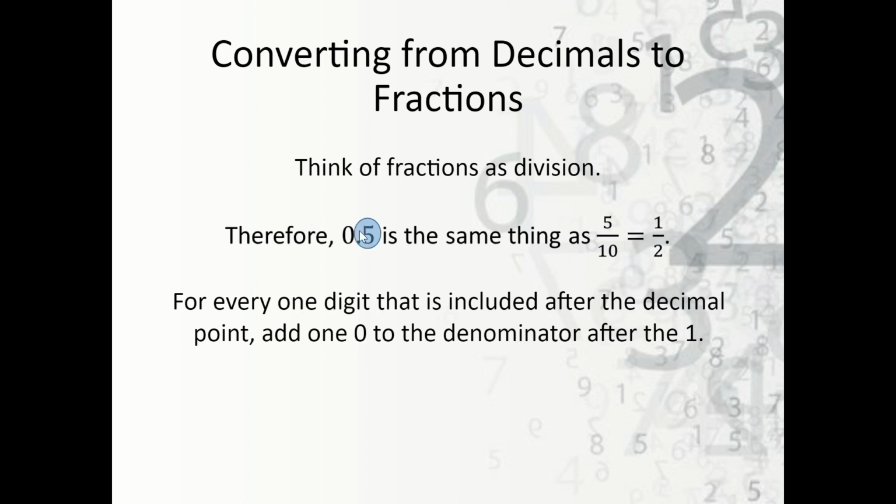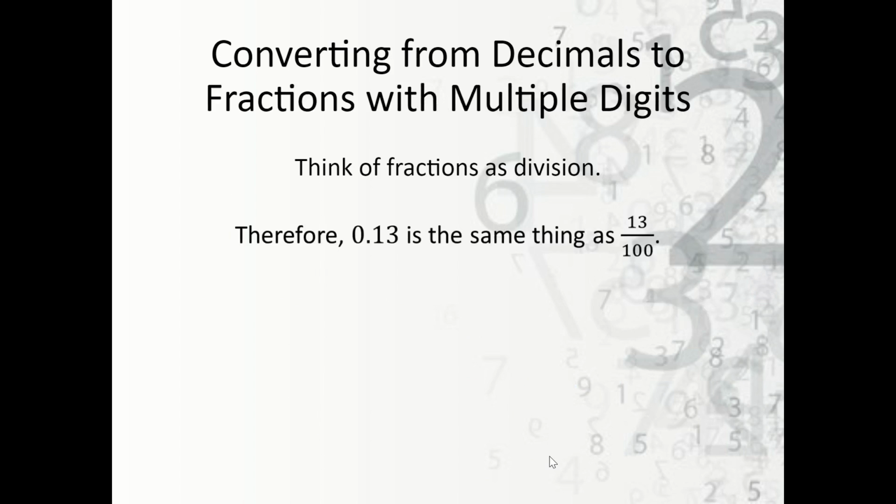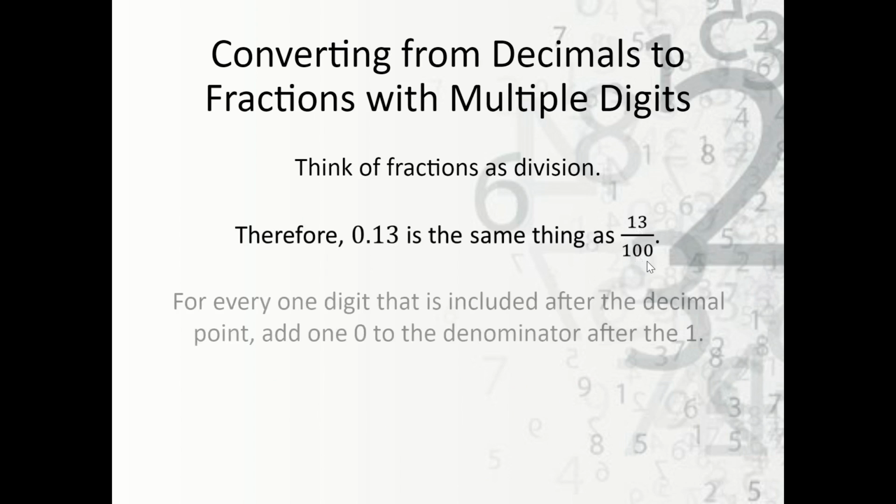So there's one number after the decimal point, so I know I'm going to have 1 0. So my denominator would be 10. And then I place this digit over the denominator, so it'll be 5 over 10. So look at it here, we have 0.13, and we're saying that that's the same thing as 13 over 100.